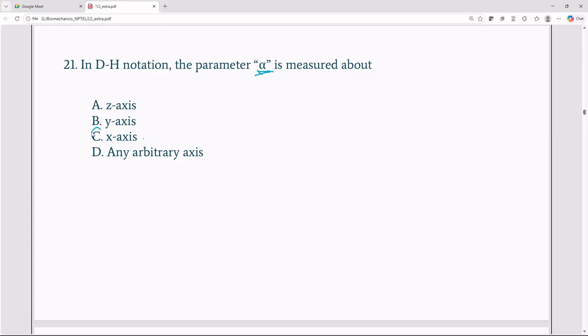Answer is option C, that is x-axis. If you remember, it is rotation about z, translation along z, translation along x, then rotation about x. So it's theta, d, a, alpha. That's the order.